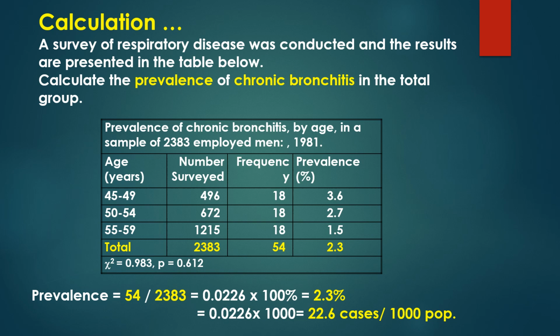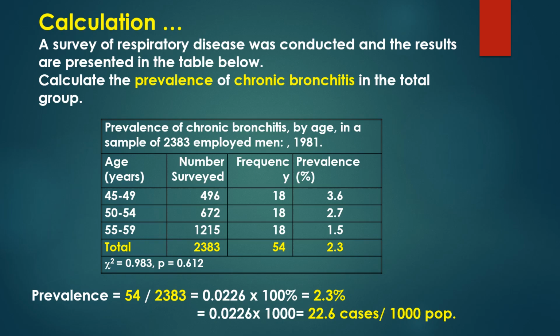That would give us 0.0226. If we want this as a percentage, we should multiply by 100%. We'll get 2.3%. So prevalence of chronic bronchitis in this group of people is 2.3%.